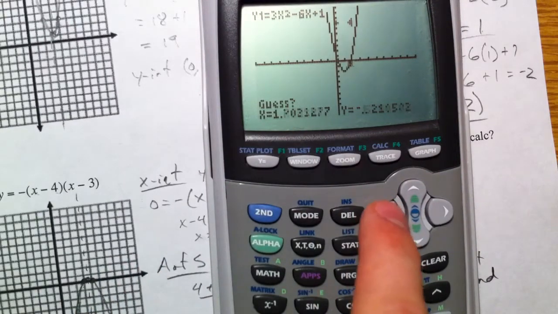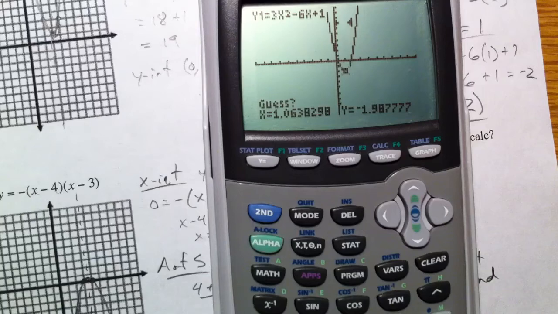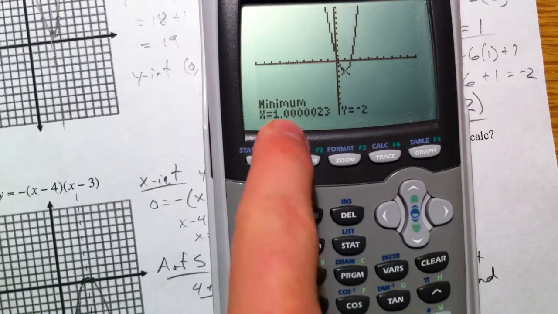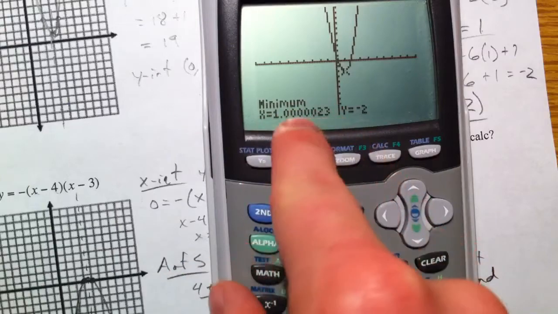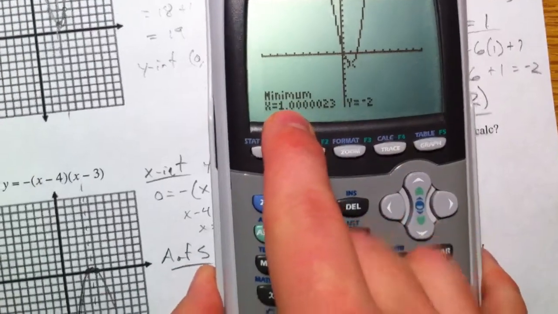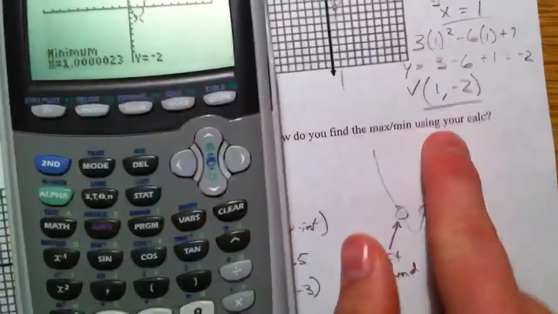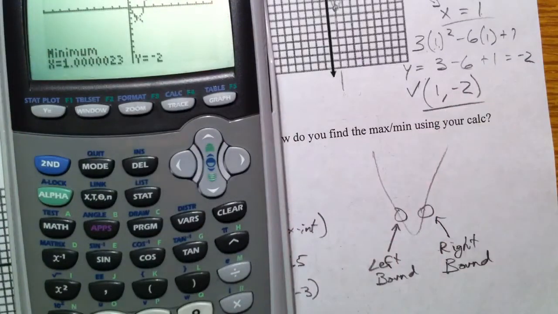Hit enter to get to the next one. Now it says guess. Some people like to scroll back down, but you don't have to. Just hit enter. And we get 1.000023. Remember, it's approximating. So that's about 1, as close as you can get to 1, negative 2. And that's what we got before.